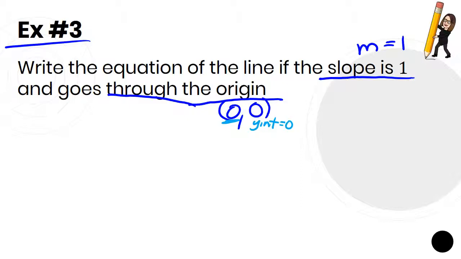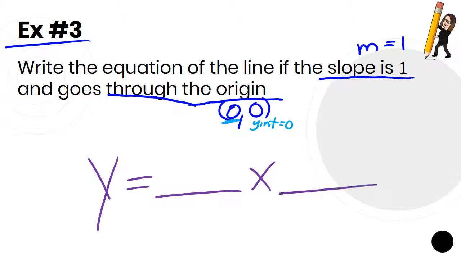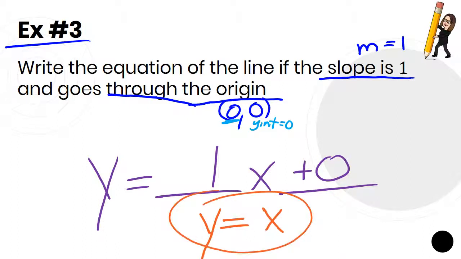Okay, so that means I'm going to have y equals space x space. The m goes in front of the x. And my y-intercept is 0. So guess what, guys? You don't even need that. Adding 0 doesn't help. Timesing by 1 doesn't change anything. So this final equation is actually y equals x.